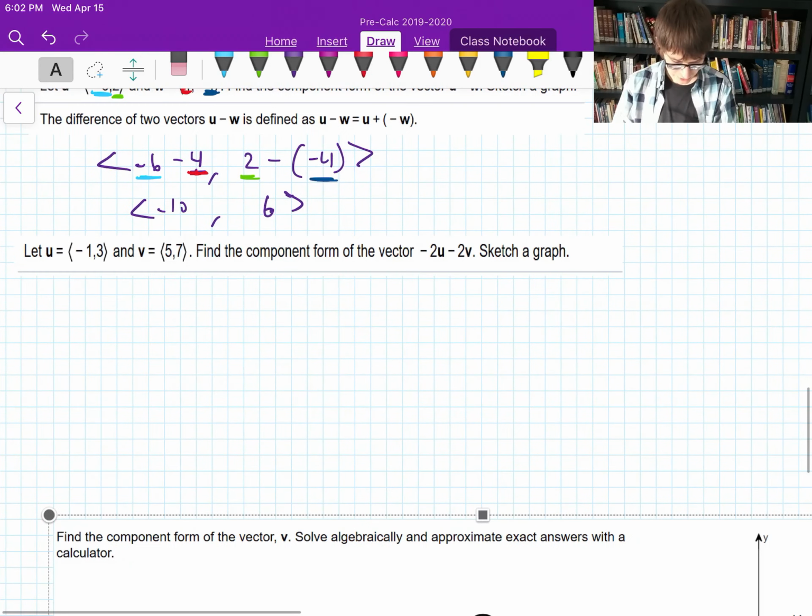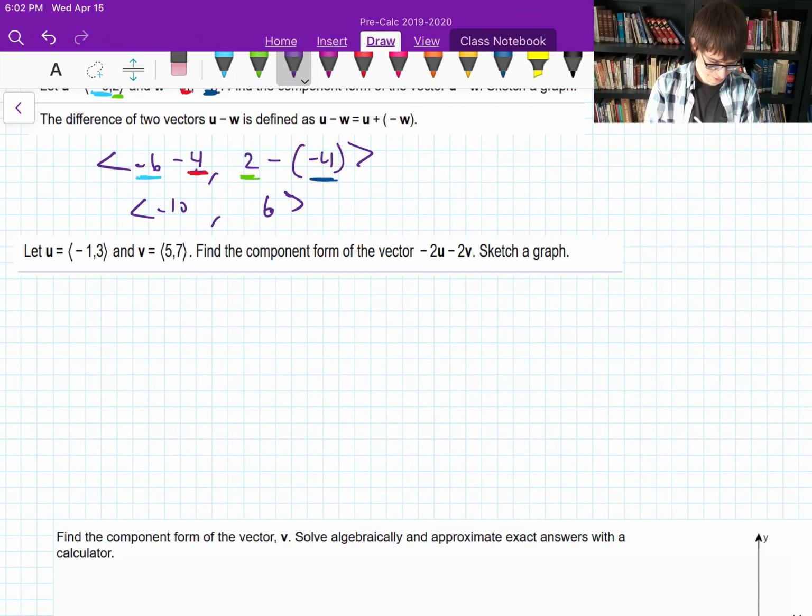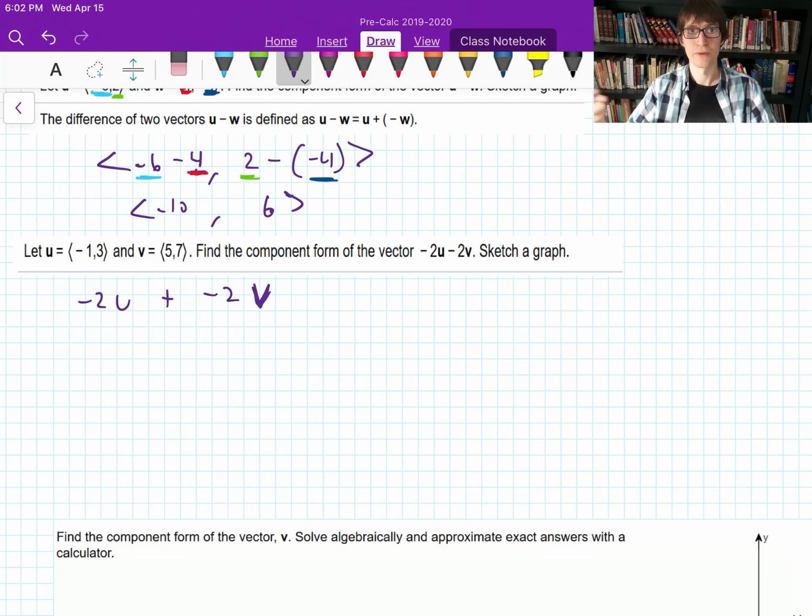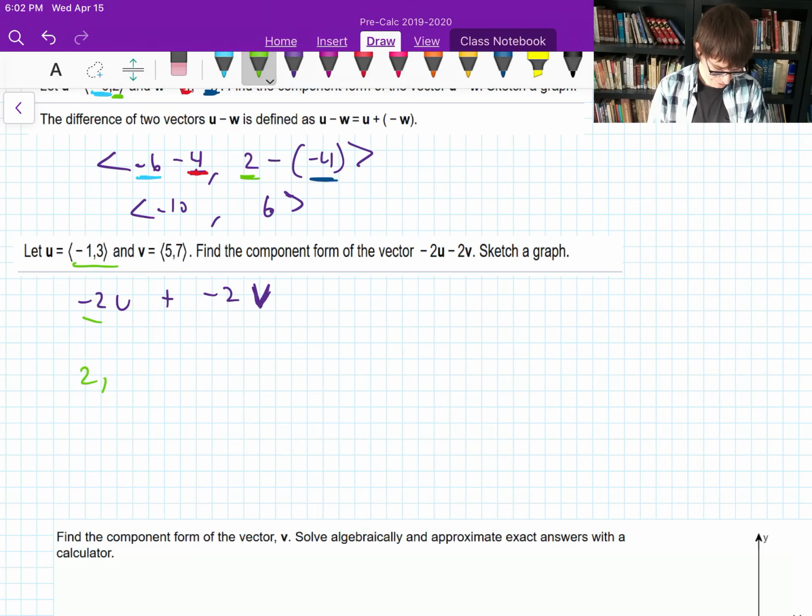Okay, we start with this. We'll do -2u, and we're going to add to that -2v. -2u just means you multiply all the values in u by -2. We're multiplying a vector by a scalar, just a number, -2, multiplying the vector. So -1 and 3 times -2 gives us 2 and -6.